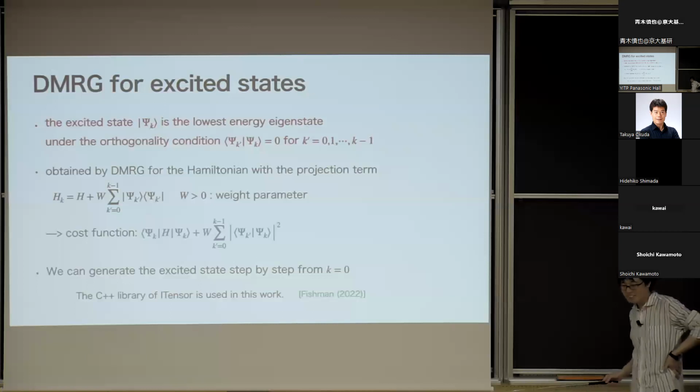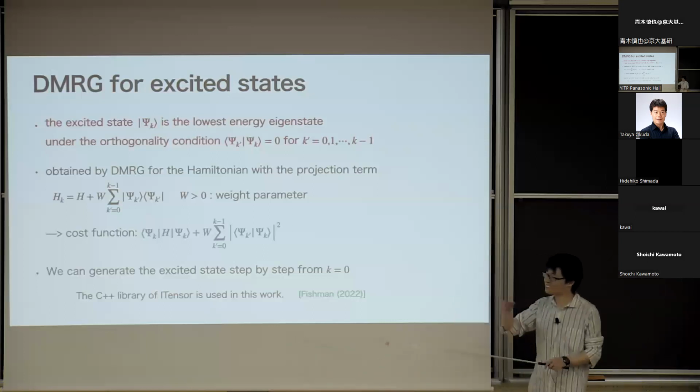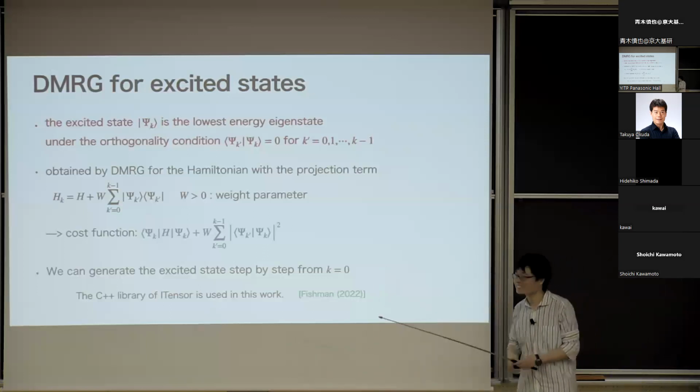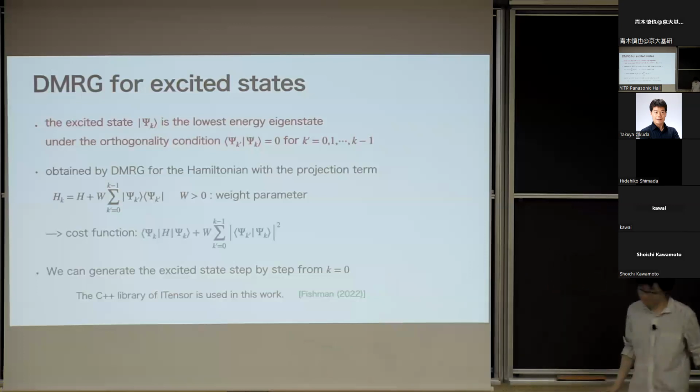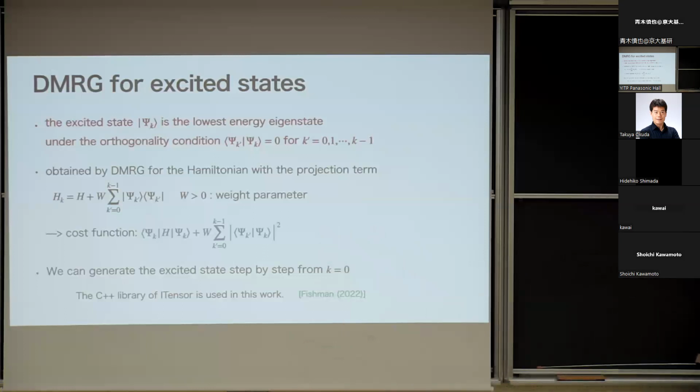Yes. If there is degeneracy, a given state is some random mixture. That's right. But anyway, this method works. And when you want to distinguish excited states, do you impose some symmetry conditions? I will discuss that later.